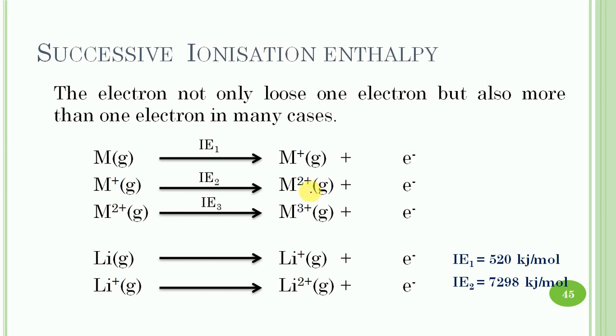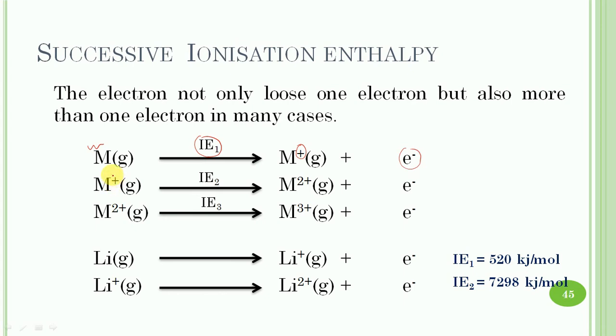respectively, and these may be represented as follows. Suppose we have a gaseous isolated atom M, and the removal of the first electron from it requires energy that is represented by ionization energy 1.